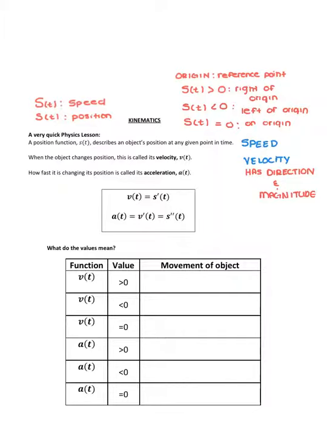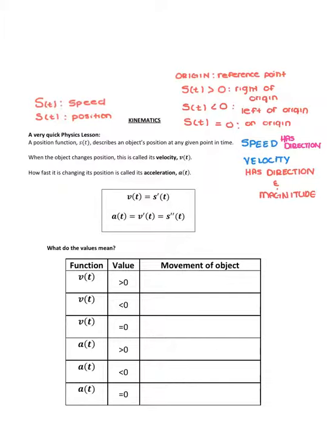I'm going to use a different color. Now, you may have heard the term scalar and vector before, have you? Which one's a scalar and which one's a vector? Yeah, velocity is the vector because it has direction, right? And speed is a scalar because it just has magnitude. Sorry, I need to change that to magnitude.